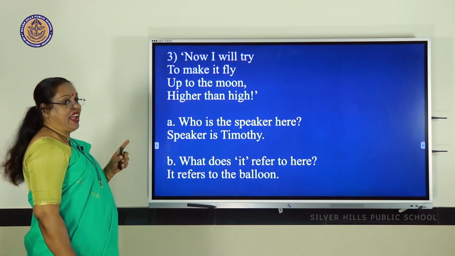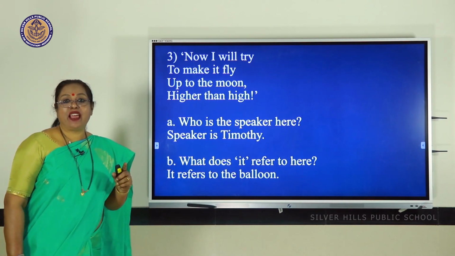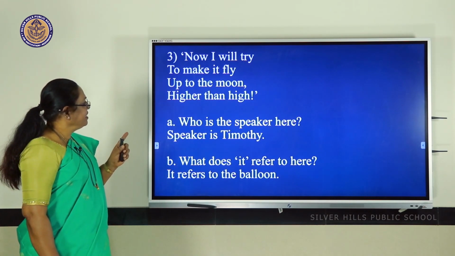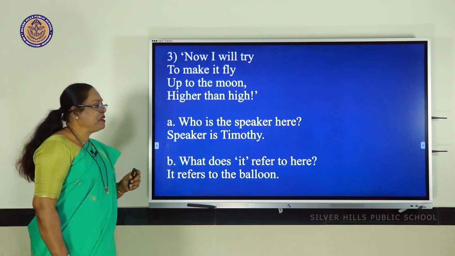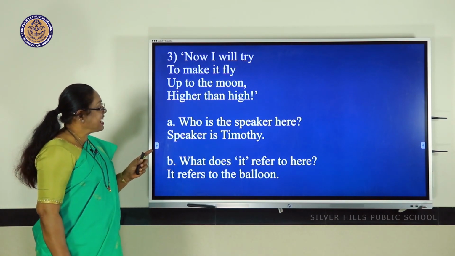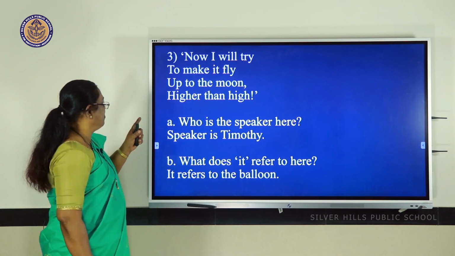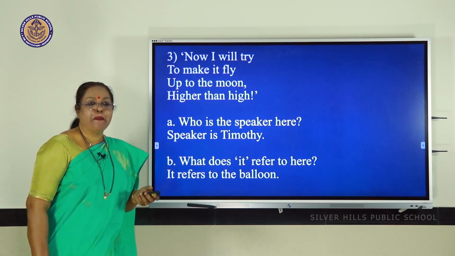"Now I will try to make it fly up to the moon higher than I." Now here in this quote, who is the speaker? The speaker is Timothy. Now what does it refer to here? To make it fly. What is that it? It refers to the balloon.